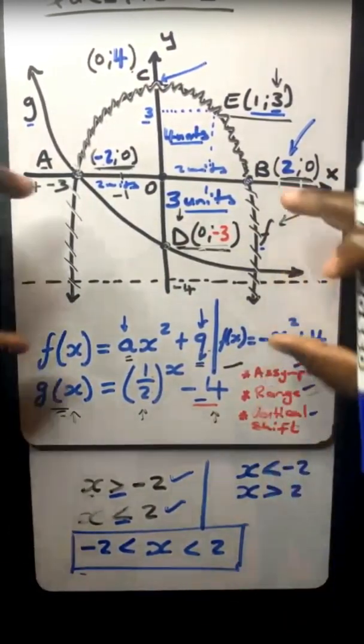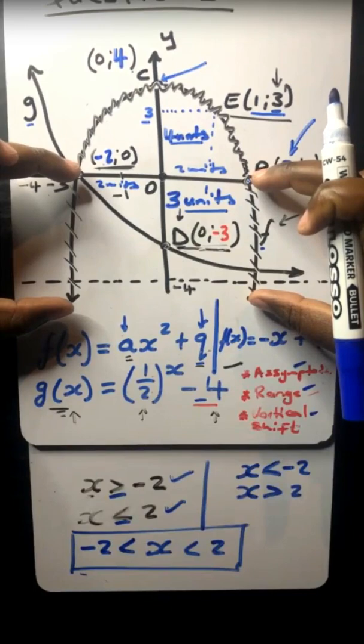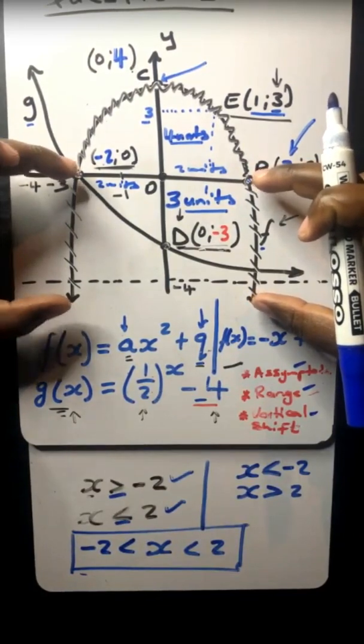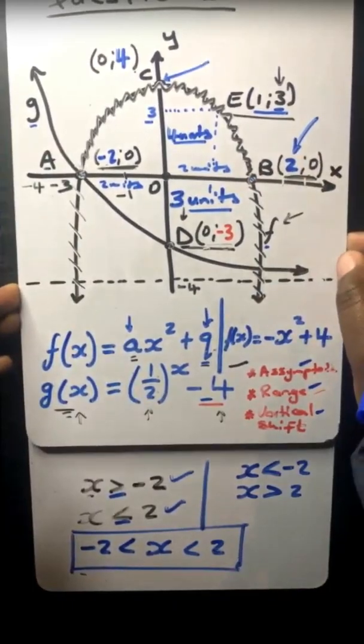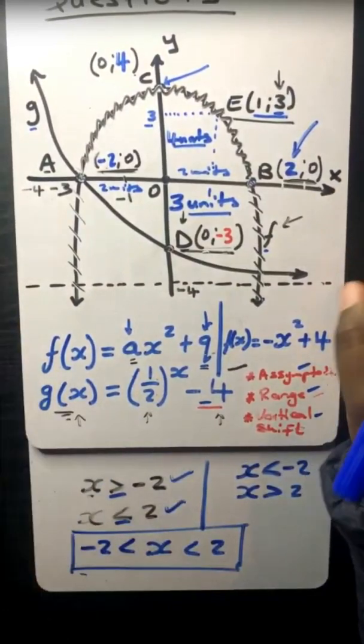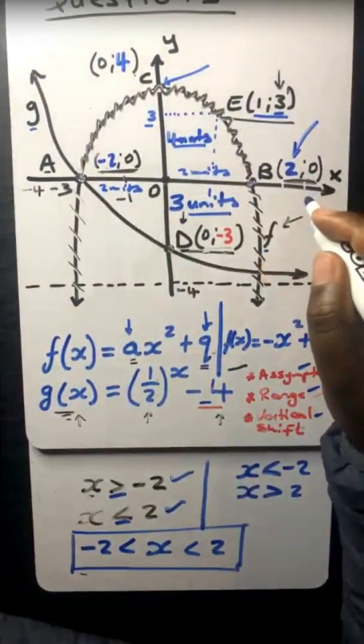So that's if you want to comment on where we have the y values being less than 0. That's if they said for which x values is f of x less than 0.